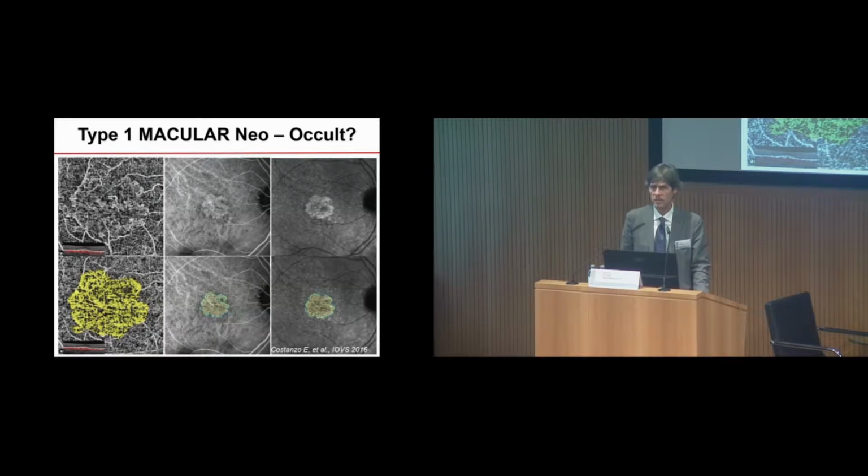On the other hand, with the introduction of OCT-A, we do not even need ICG dye angiography anymore, because as you can see here, it's nicely visible without the injection, with just OCT-A. So no more occult.